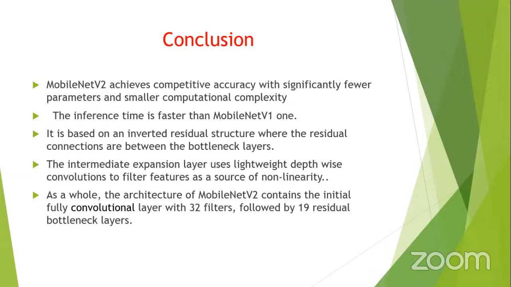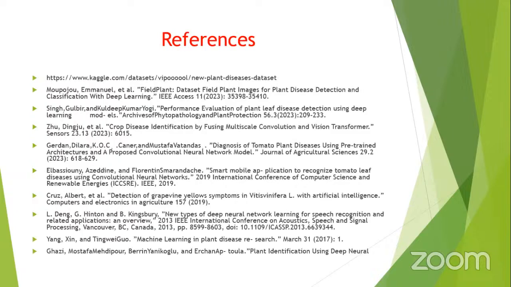The intermediate expansion layer uses lightweight depthwise convolution to filter features as a source of non-linearity. As a whole, the architecture of MobileNet version 2 contains an initial fully convolutional layer with 32 filters, followed by 19 residual layers.